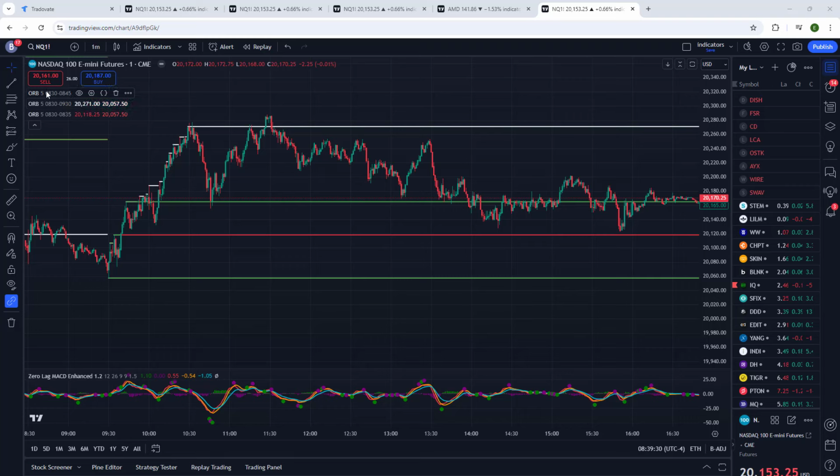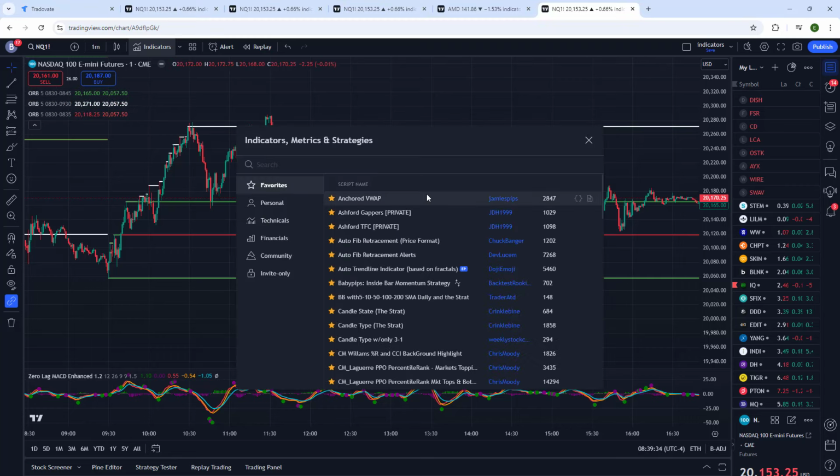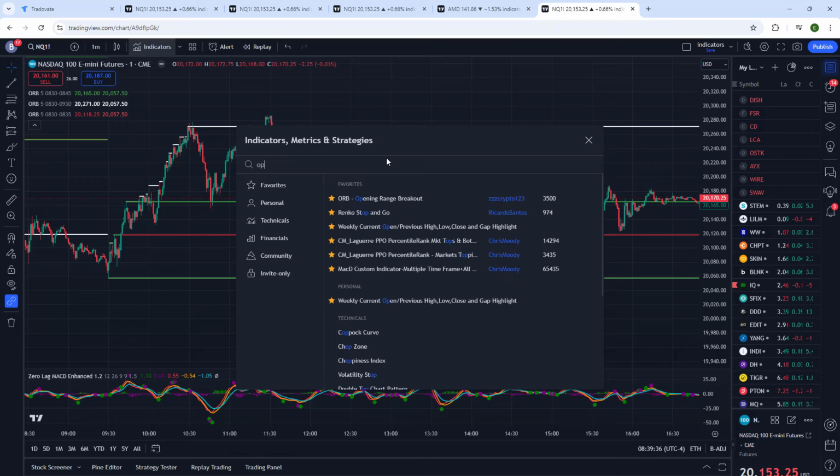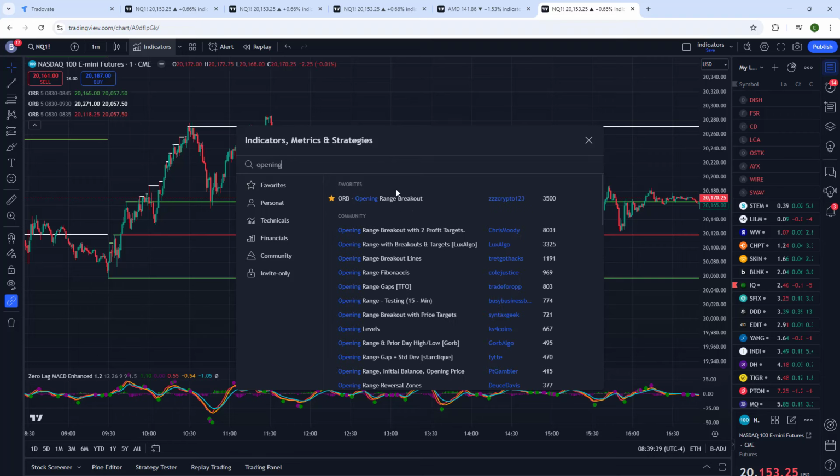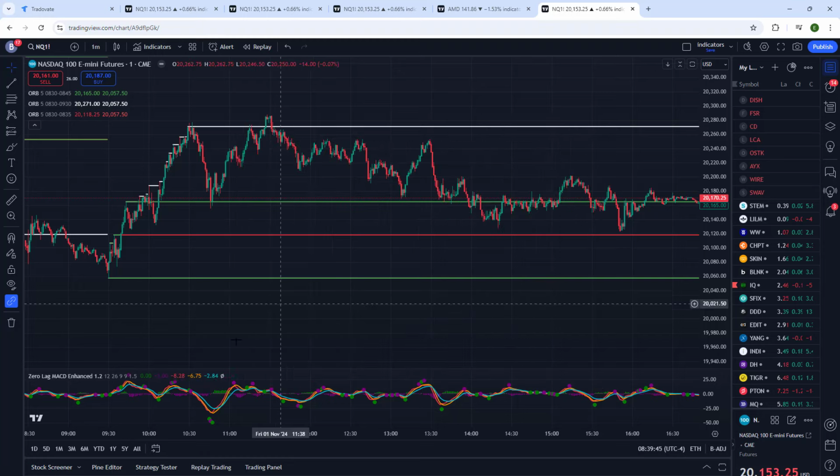So real quick, I have the ORB script right here. It is this one. I just typed it in right here. This is the one by Z Crypto 123. Once I did it, I set the times.